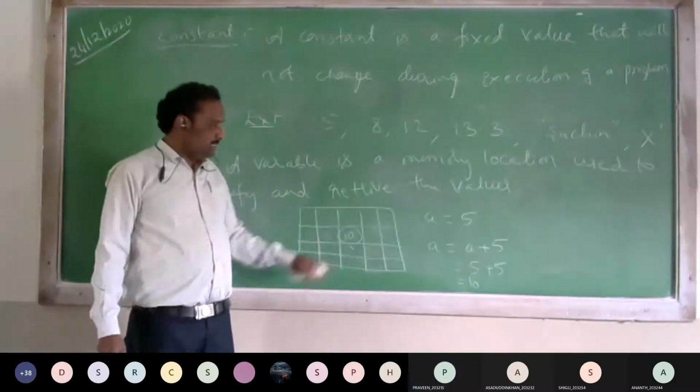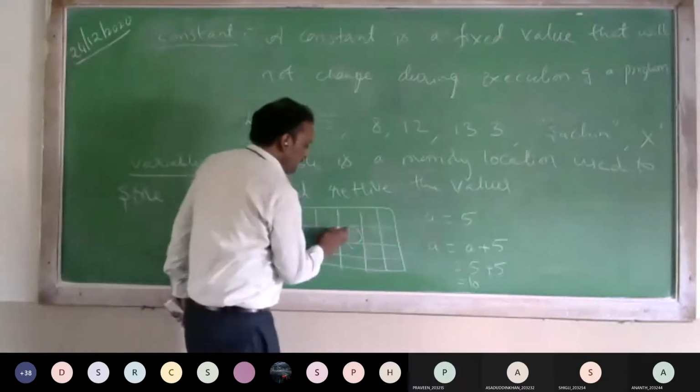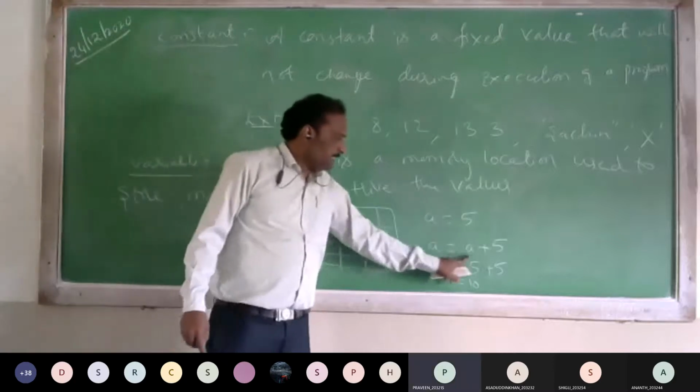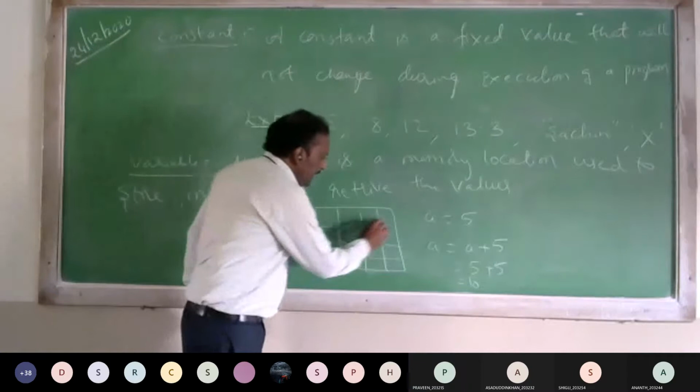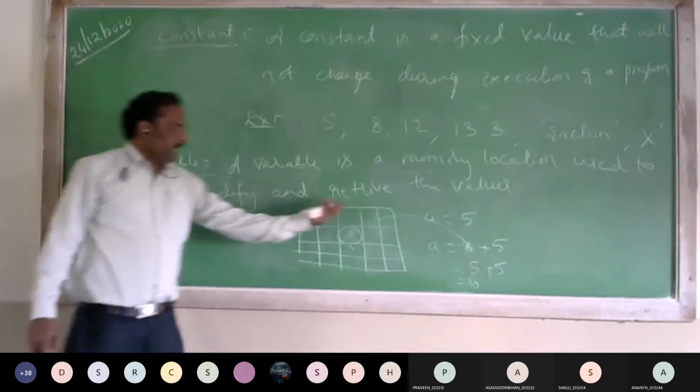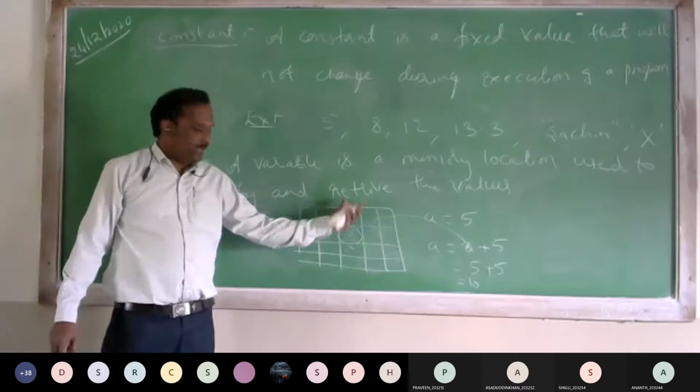Getting everybody? Earlier A was containing 5. In the next statement, A is equal to A plus 5, we have accessed this value 5. Modify and retrieve: retrieve means accessing the value.